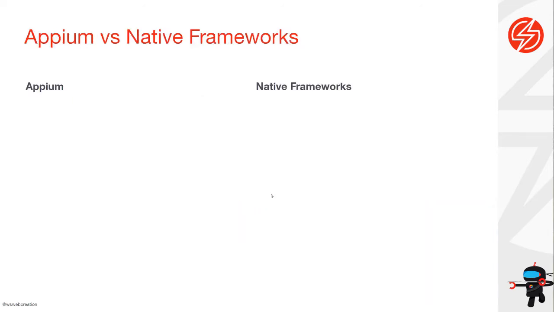So after having explained what I view as the core difference between Appium and native and how they execute, let's talk about reasons why you would use Appium or native app, and we'll talk about pros and cons of each one. So with Appium, any language that Appium has created bindings for, you can use in order to create tests.